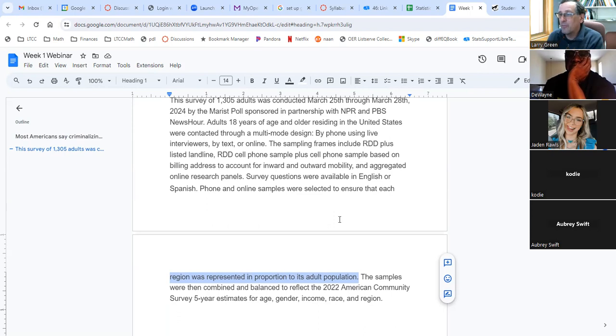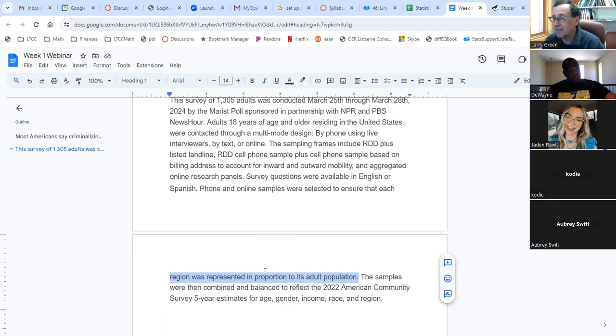Absolutely not. So what they did is they looked at the geographical regions. They didn't say in this paragraph, at least, what they mean by region. It could be state, it could be whatever. And then they made sure that every region was proportionately represented.